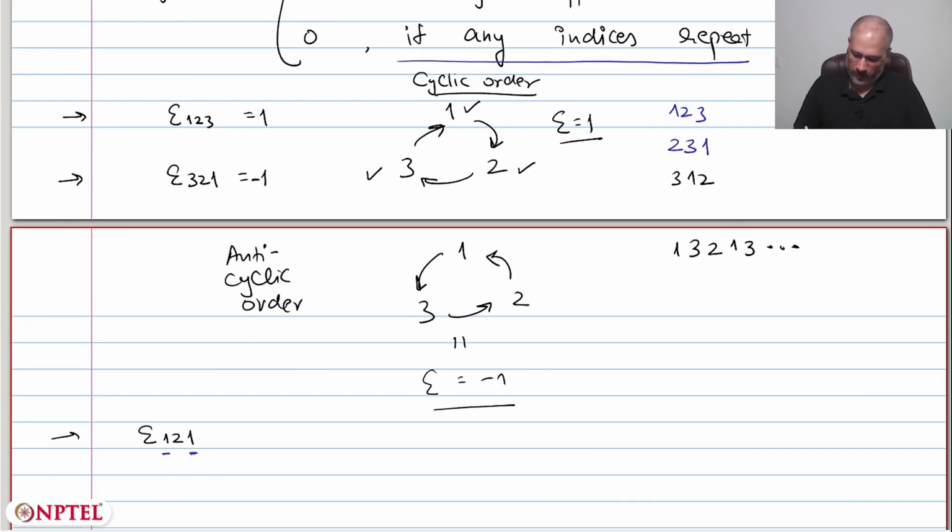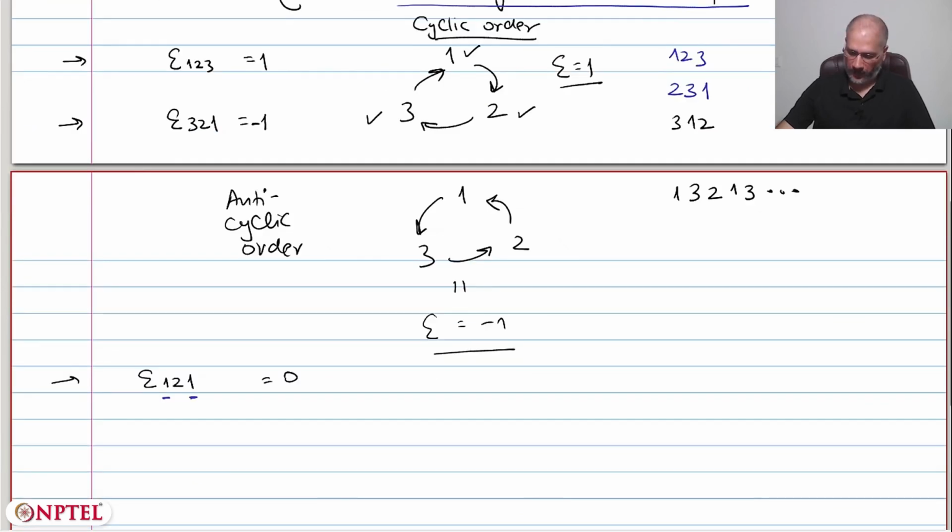So by that, this becomes equal to 0. Right? It's quite straightforward. So there's no confusion here. In fact, if I say epsilon 1, 1, 1, even then this is 0 because the index 1 repeats. All right.